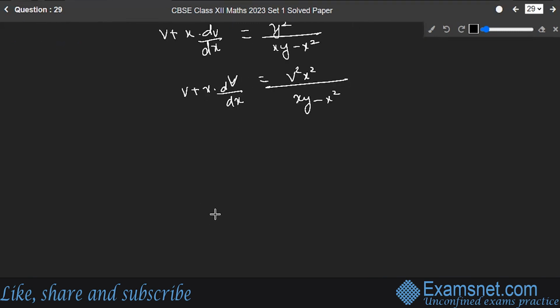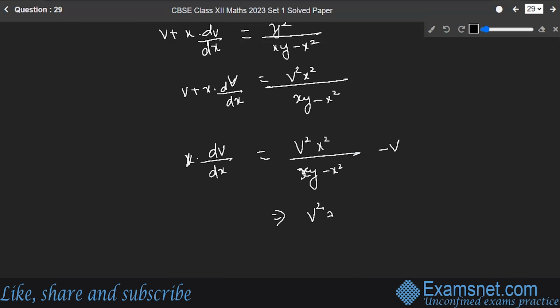This gives you dv by dx into x is equal to v square x square upon xy minus x square minus v. That is equal to v square x square minus v into xy minus x square upon this.